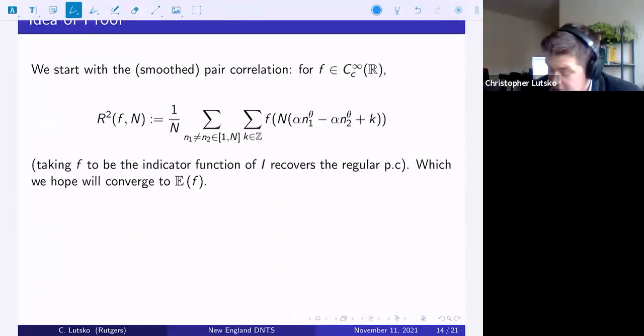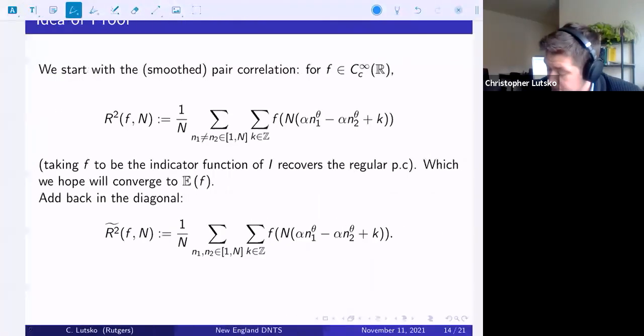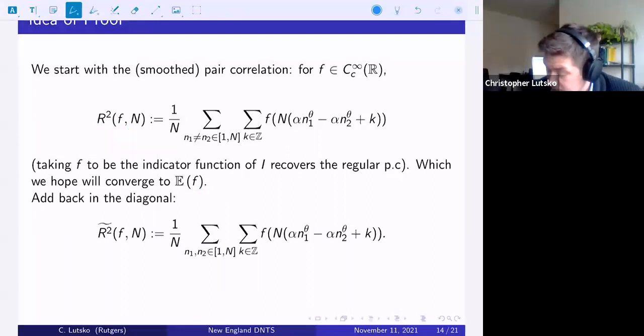And then we say that showing the pair correlation is Poissonian is equivalent to showing that the smooth pair correlation converges to the expectation of f for any f. Here, expectation just means integral. Okay. So that's our goal, to show that R2 of f of N converges to the expectation of f.